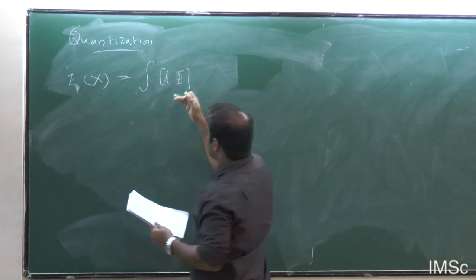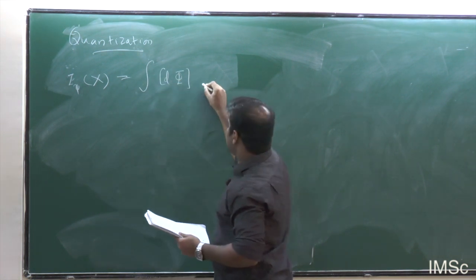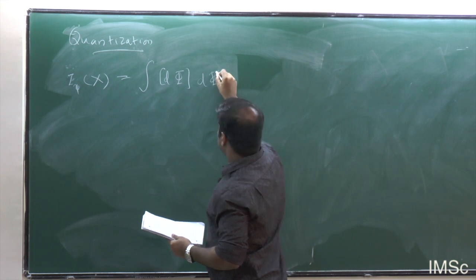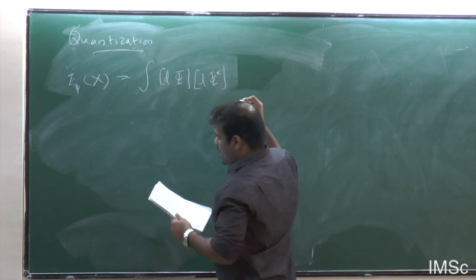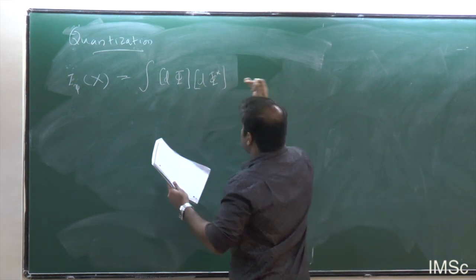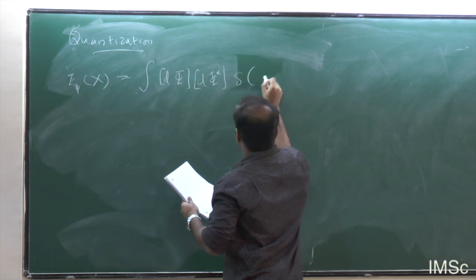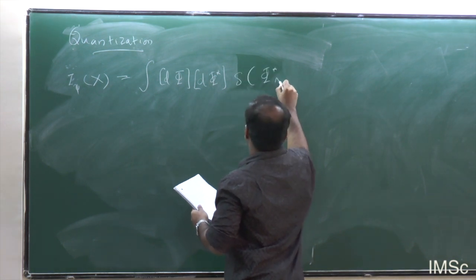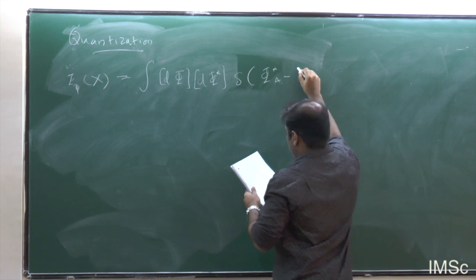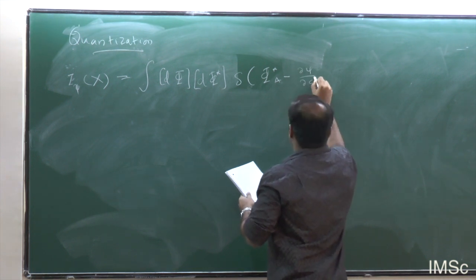So here you are supposed to integrate over all the fields and anti-fields, with the gauge fixing condition delta of phi star a minus del psi del phi a.